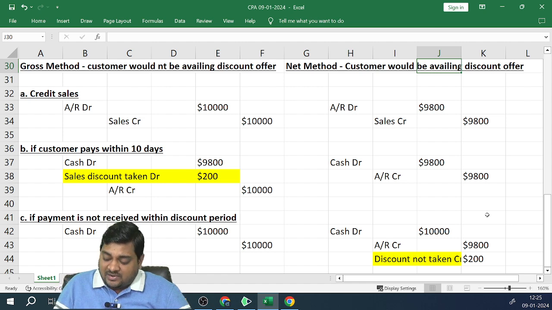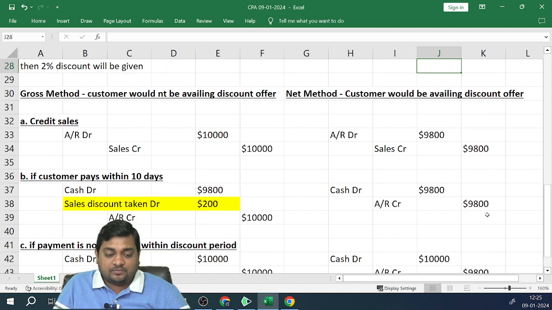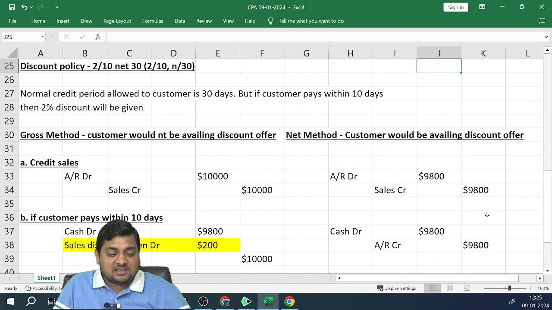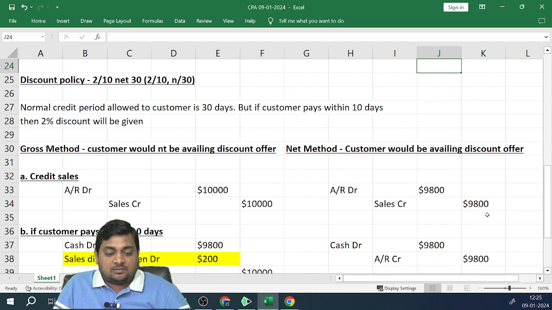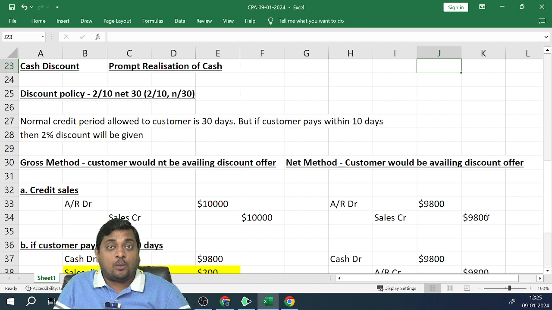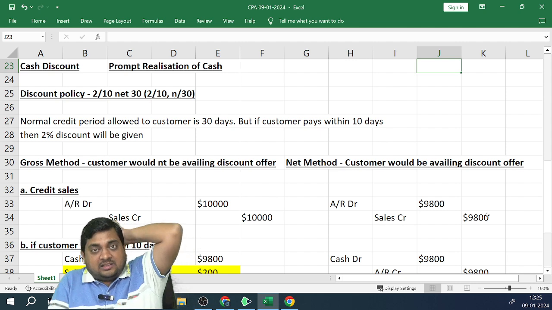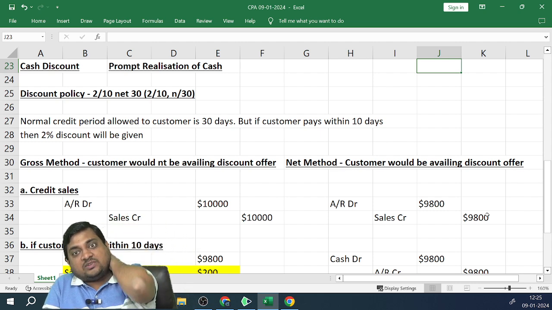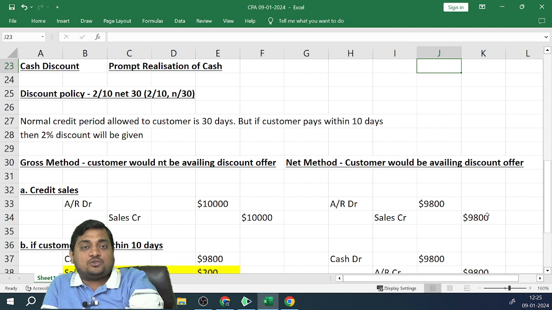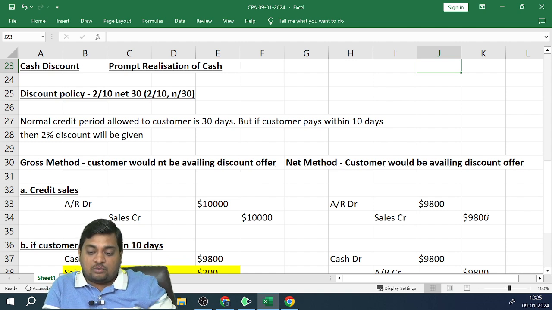So we started with cash discount, right? This is the cash discount offer given to the customer for prompt realization of cash. There are two methods for it, either the gross method or the net method. Under the gross method, we show sales at the gross figure, whereas under the net method, we show sales net of discount.